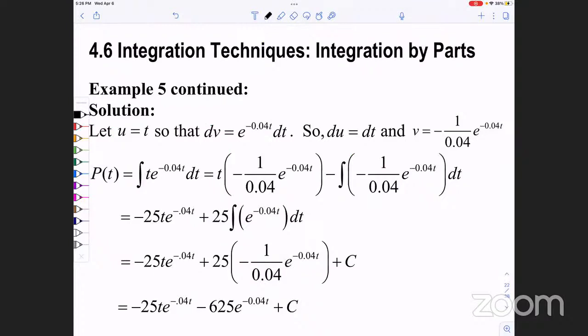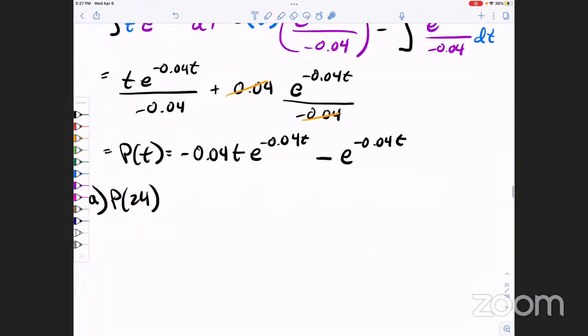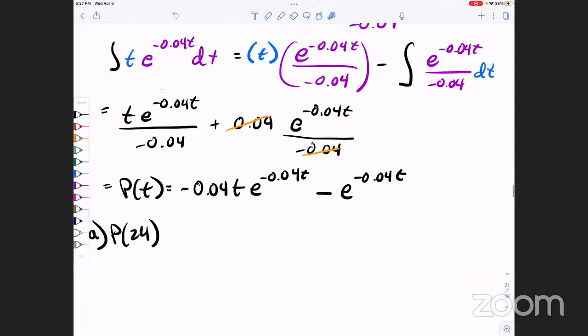Are we missing that 25? I feel like some things are off. Let's see. Okay. So let U be T, so dV be this, so du and this, negative 1 over 0.04 E. We got all of this, right? So then P of T, right here. Okay, we can confirm some of these numbers. Let's see if we get this negative. Yeah, we got the negatives. So let's make sure we get the negative 25 and the negative 625, right? If we got those, then we know we're fine. What are we missing?